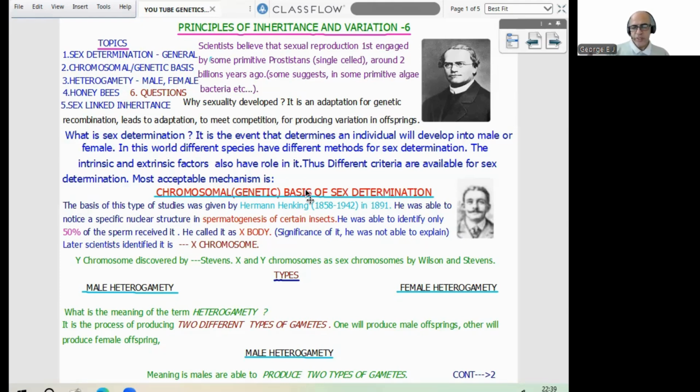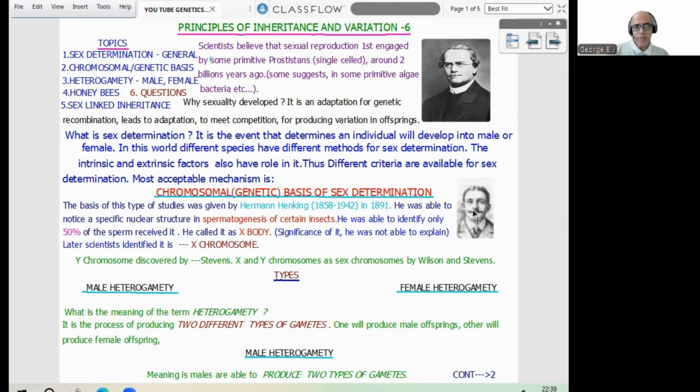The basis of this type of study was given by the famous scientist Hermann Henking. This is the person. His lifespan was 1858 to 1942, and his discovery was in 1891. It is a usual question for theory and runs.